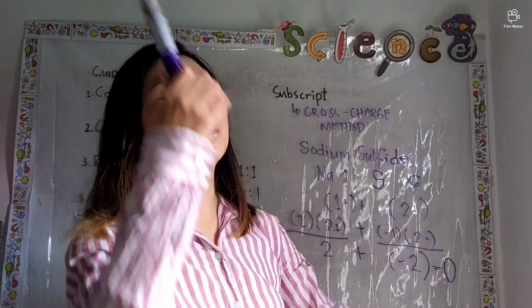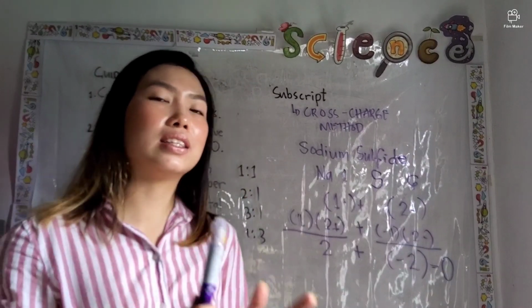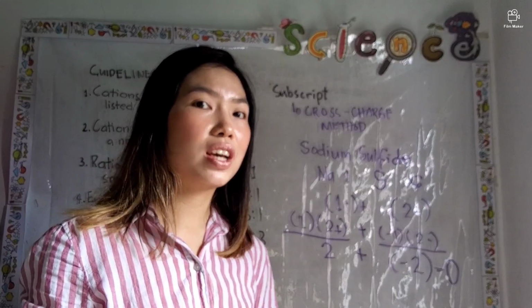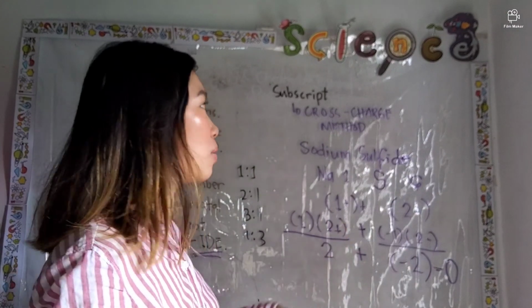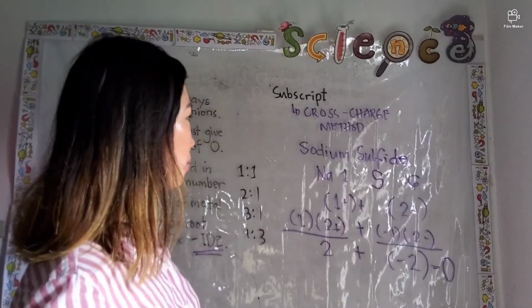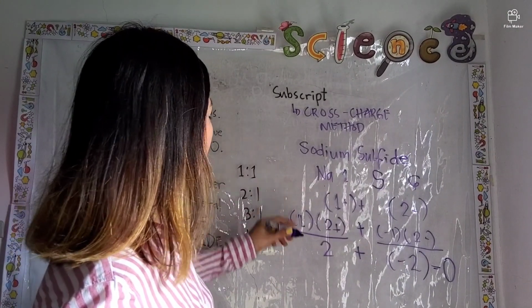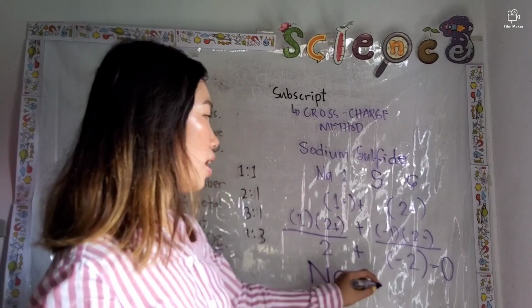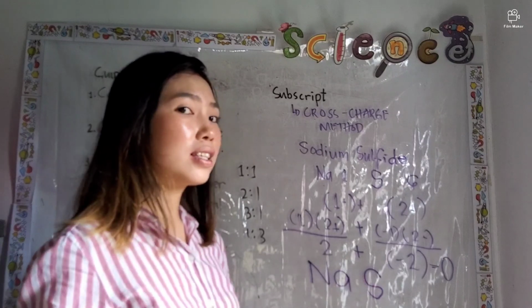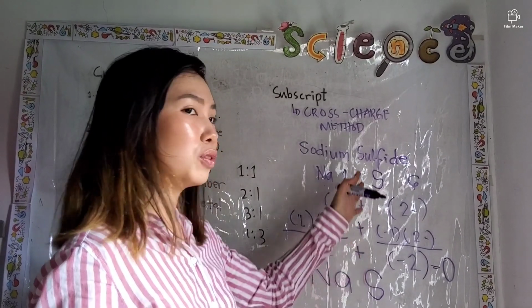At dahil nag-cross ka ng charge from sodium and sulfide, kapag inilagay mo na ang chemical formula, it is Na, S. Na for the sodium, S for the sulfide.